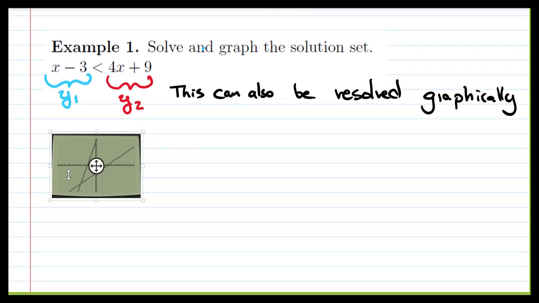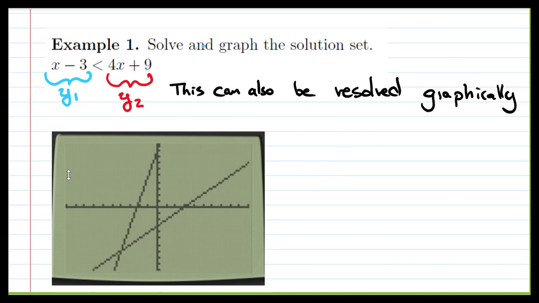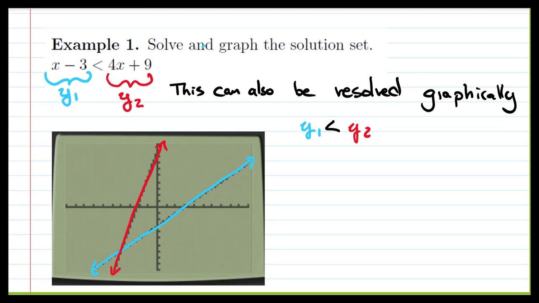So now while looking at my picture, so to help, this is my y1, so I'll label it in blue, and my y2 is the 4x plus 9. And we have the following statement then. So we have y1 is less than y2. And what this is asking us to do is to answer the following question.